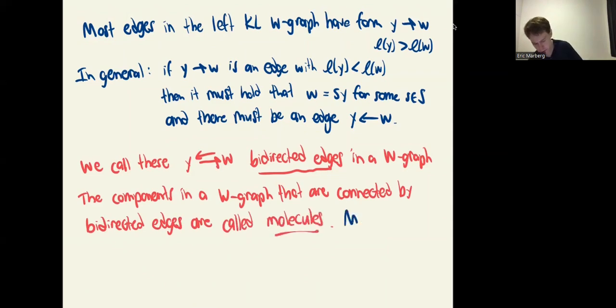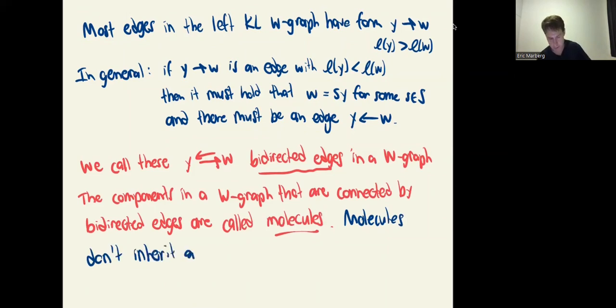So molecules don't inherit a W graph structure, unlike cells, but they're often easier to classify.